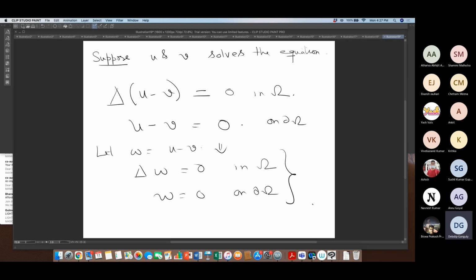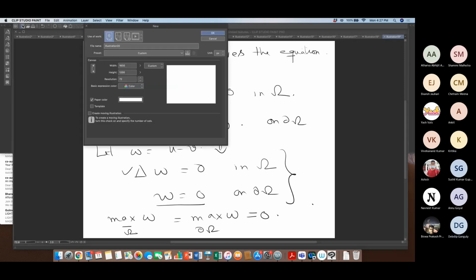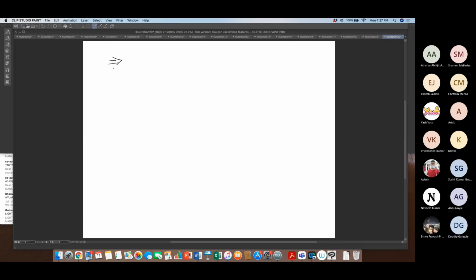What can I say now? I can use the maximum principle. So W is a harmonic function in omega. Yes or no? Omega is a bounded open set. So the maximum of W in omega closure is the maximum of W on del omega. What is the maximum of W on del omega? Zero. Good. So this implies the maximum of W in omega closure is equal to 0.